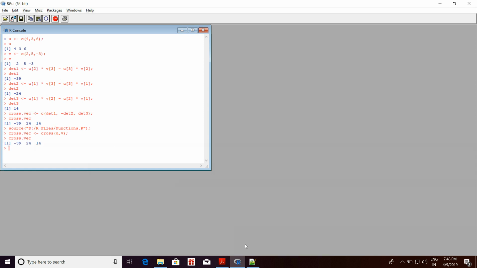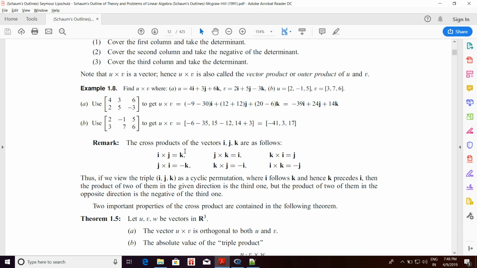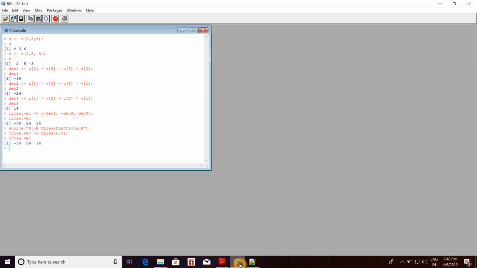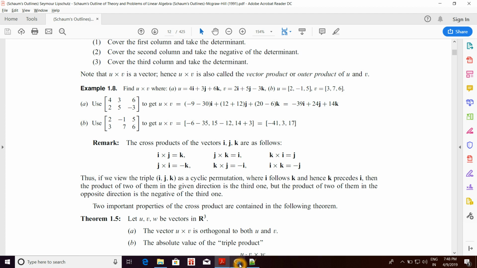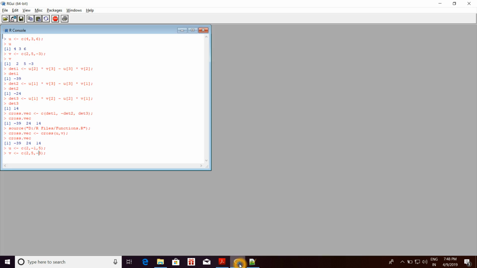Let us solve the second example, which is u equals 2, minus 1, 5, and v equals 3, 7, 6.